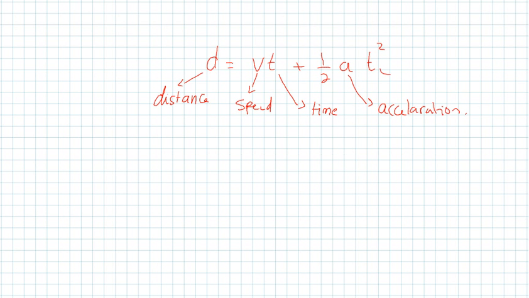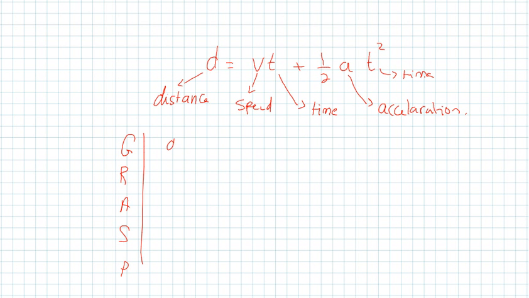Now, let's look at what's given to us, because remember, in the equation, we have to start with the given. So what's given to us? I know that Dwight travels 53,000 meters. What does that represent? Distance. So I know that D is 53,000.